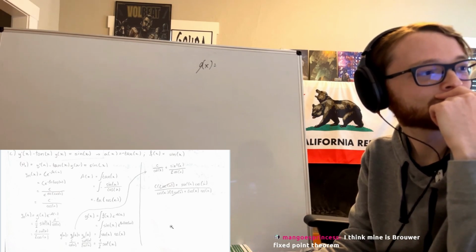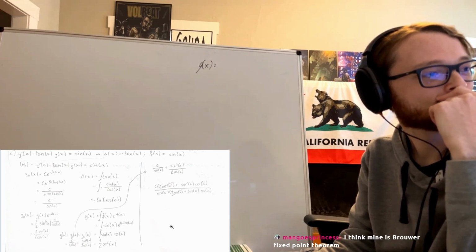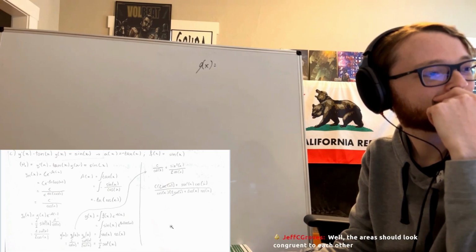It's pretty serious speculation. They would simply integrate numerically and use a reverse symbolic calculator to disprove that theory. Oh, interesting. Brand uses in geometry. They should look congruent to each other.